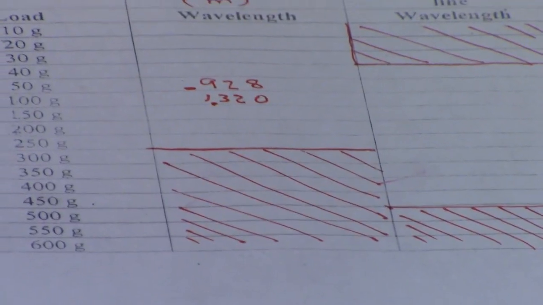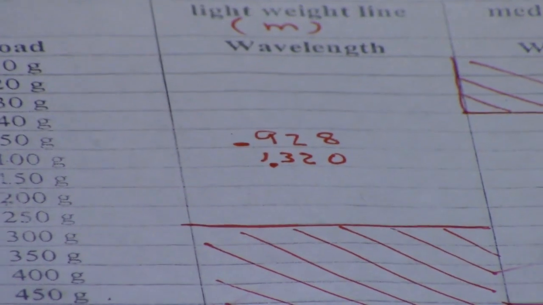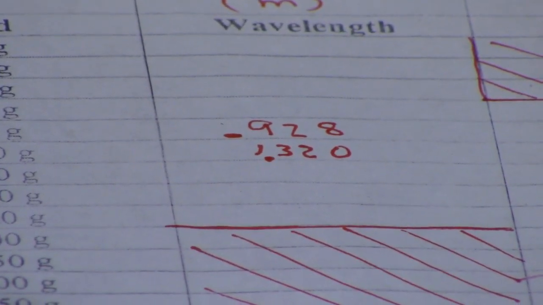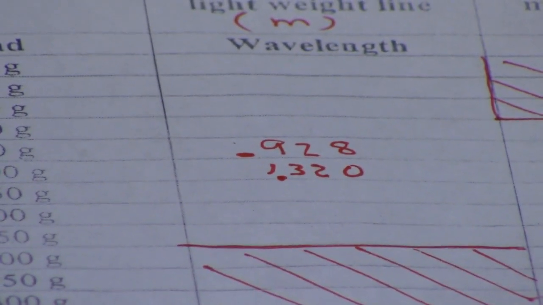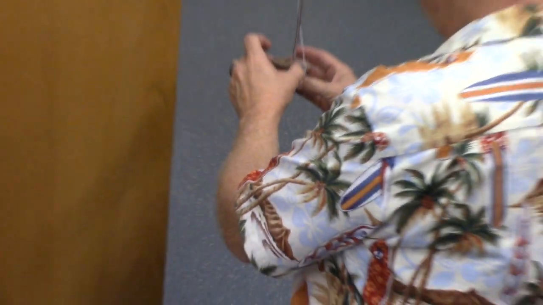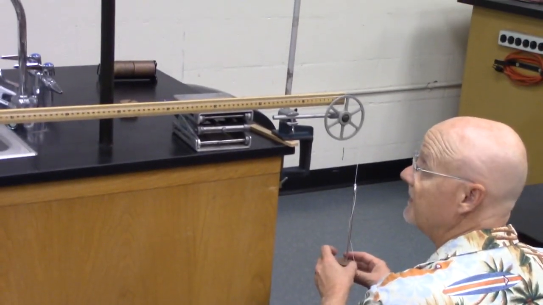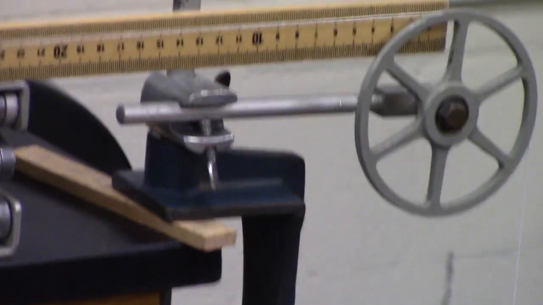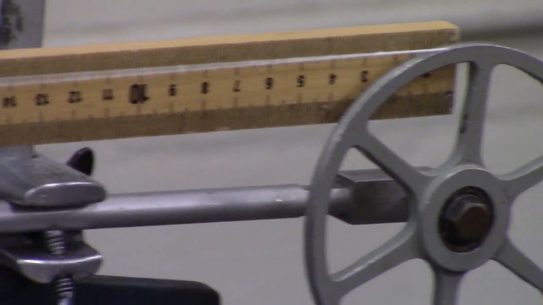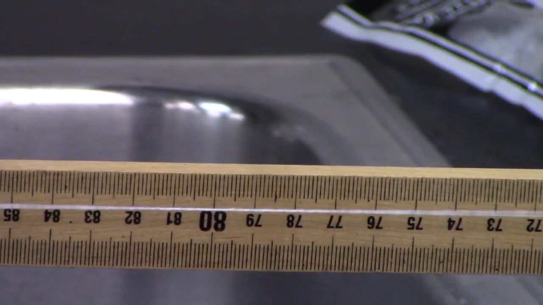All right, let's go a little bit higher now. Let's go to 150. Well, I don't have another 50, but why don't I do this? I'm going to take a 50 off and put on 100. So I have 100 and then the hanger, which is 50, and that makes a total of 150. Now this amplitude's kind of small. I might be able to get it a little better if I move this around a little bit.